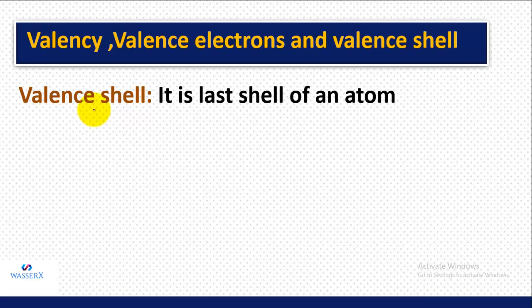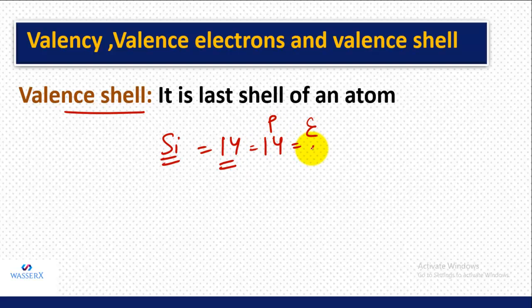Next concept which we are taking is valence shell. So now you're familiar with the atomic number, protons, electrons, electronic configuration, right? So let us take one example. If I write for silicon, atomic number is 14, protons are also 14, electrons are also 14. So if I write its electronic configuration, it is going to be 2, 8, 4.